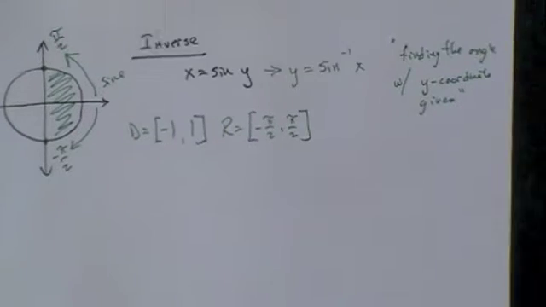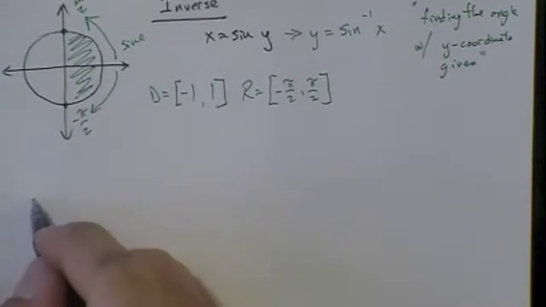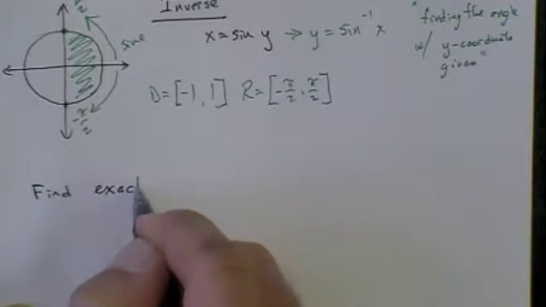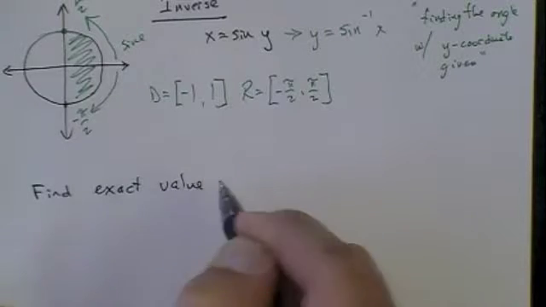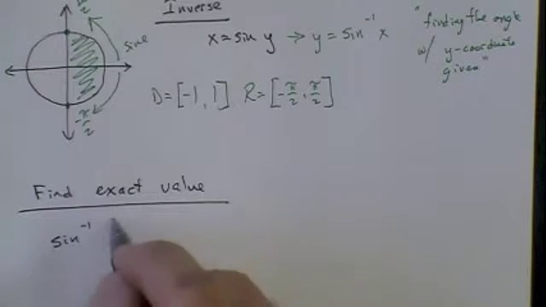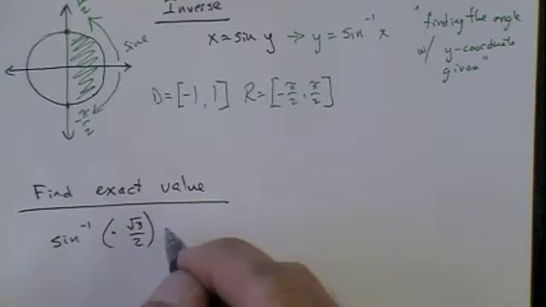So, for example, if we think about our unit circle and we want to find the exact values. What if we're going to take the inverse sine of negative square root of 3 over 2?